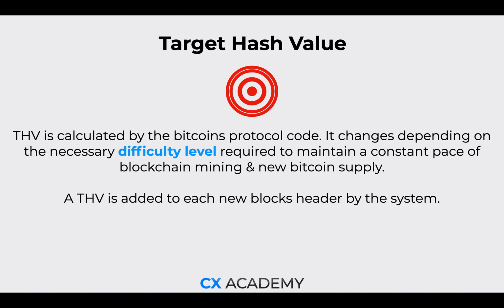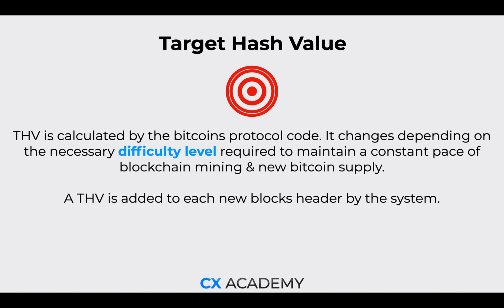So the target hash value, THV, is calculated by the Bitcoin protocol code. And as we've previously said, this changes depending on the necessary difficulty level required to maintain a constant pace of blockchain mining and new Bitcoin supply.